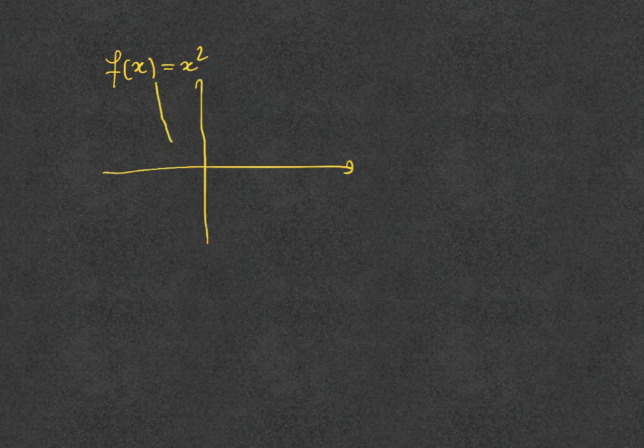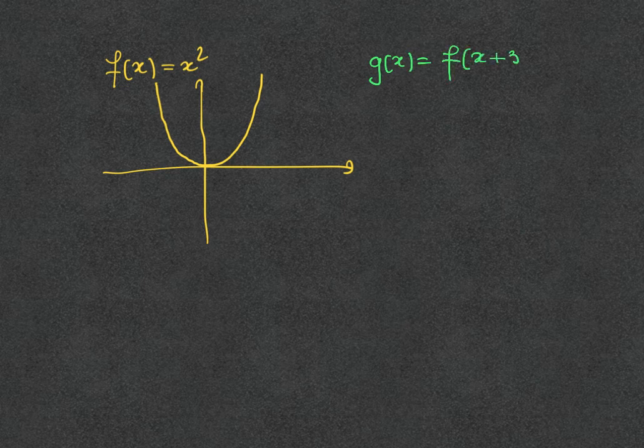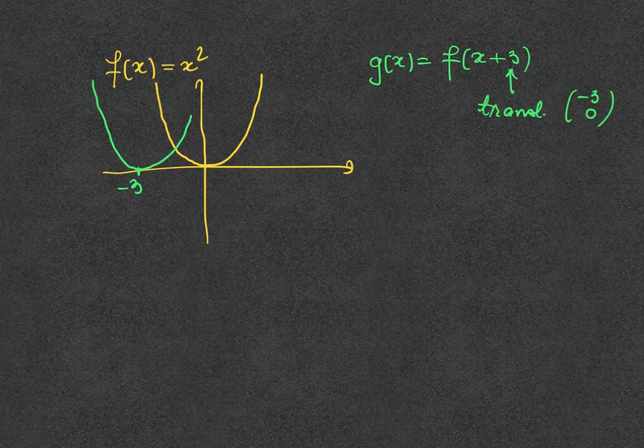To summarize the two translations, if I take the function f of x equals x squared, and that's a graph, if I write g of x equals f of x plus 3, this is the horizontal translation 3 units to the left. So this is going to be the point minus 3, and that is going to be the graph.